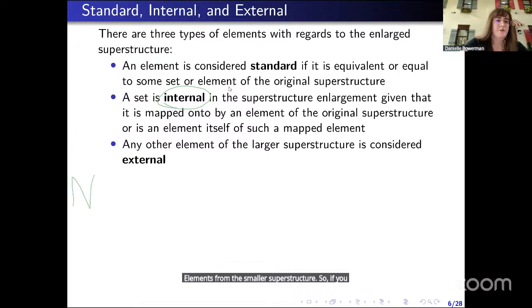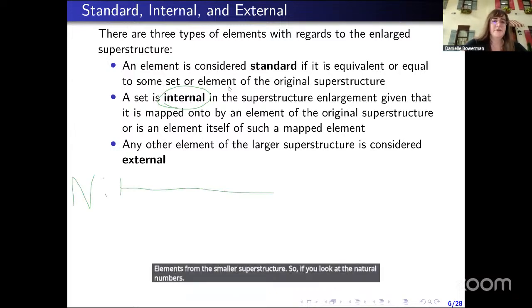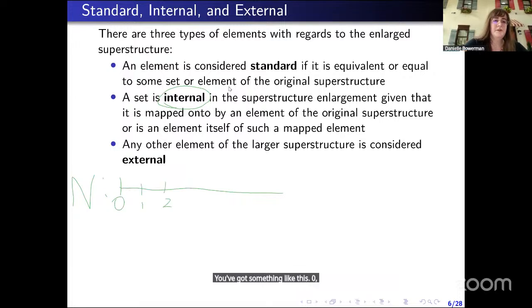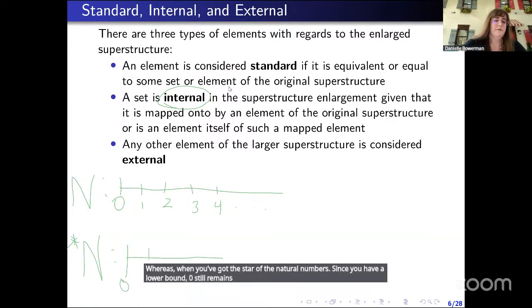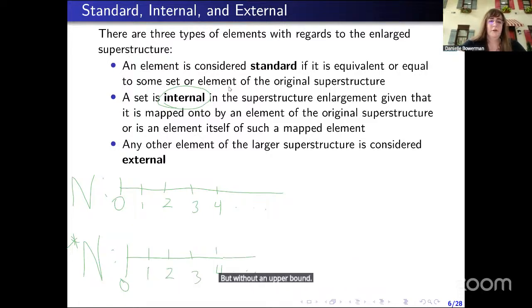If you look at the natural numbers, you've got something like 0, 1, 2, 3, 4, etc. I tend to prefer including 0 in my natural numbers because I like having a name for all of the positive integers plus 0. Whereas when you've got the star of the natural numbers, since you have a lower bound, 0 still remains the lower bound. But without an upper bound, you end up getting things that are much larger than any standard natural number.